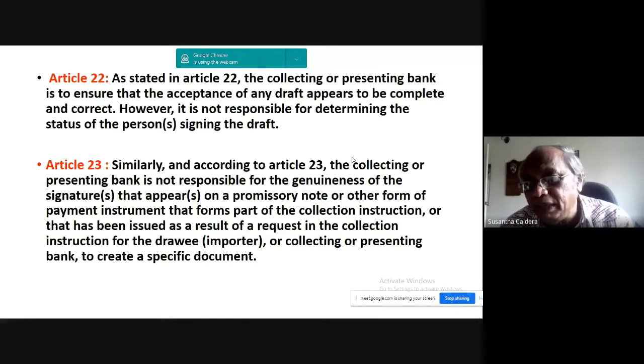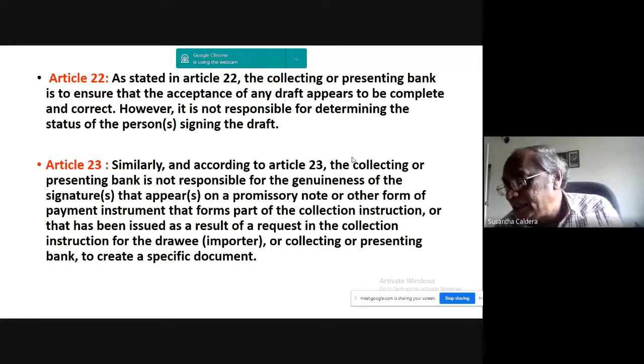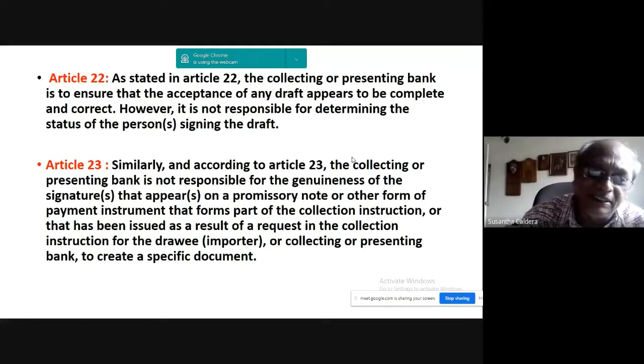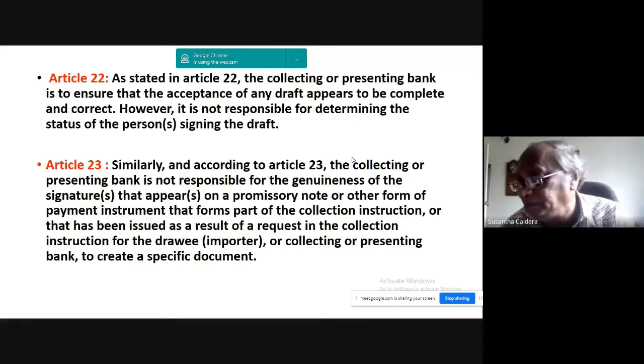They tell the bank, sorry, don't pay this bill because we have not accepted. It has not been signed by the authorized party. Right?